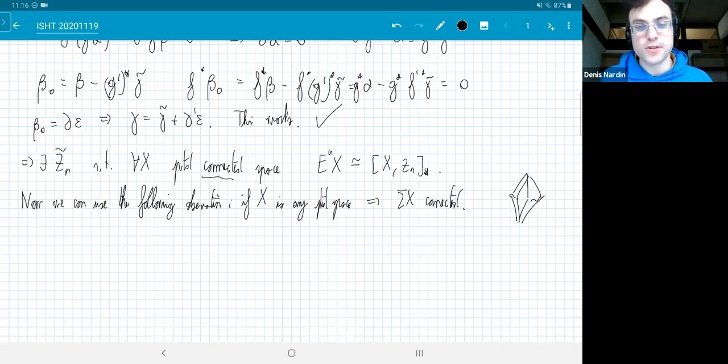And I'm pretty sure we mentioned it last semester because I knew that I was going to need it. But if you don't remember it, you can see it, for example, as a consequence of Blakers-Massey, although that's way overkill for this simple statement. Or you can just draw the picture and see that indeed it works. Every point has a path to the base point because it's a suspension and we are putting it in by hand.